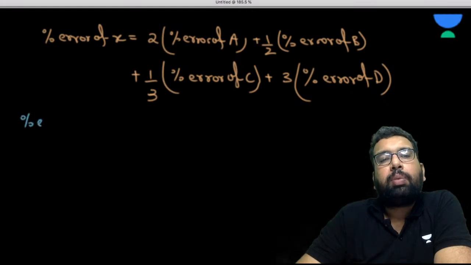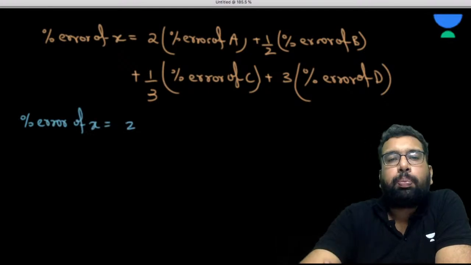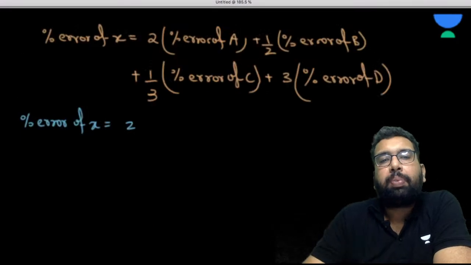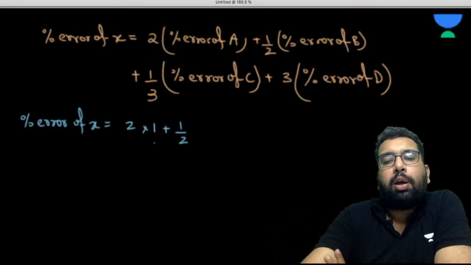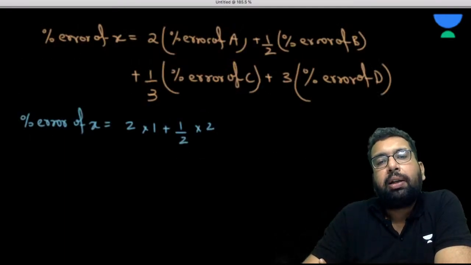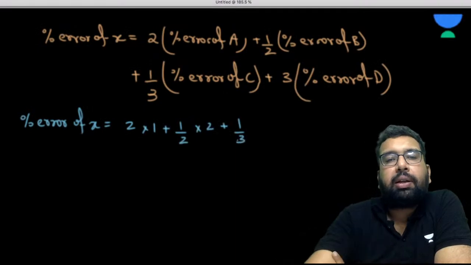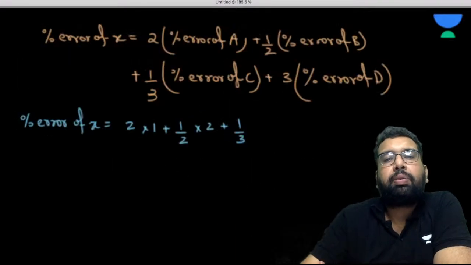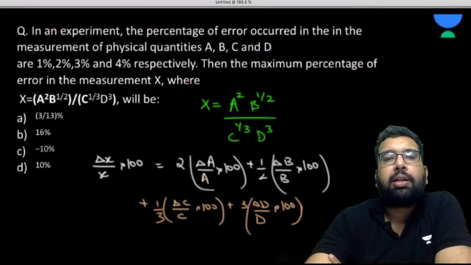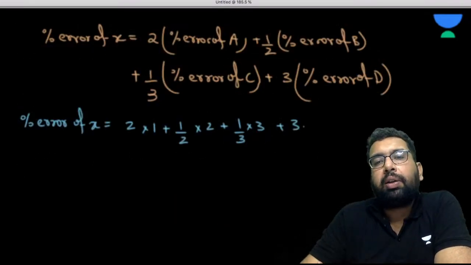So what is going to be the percentage error of X? It is 2 into percentage error of A. The percentage error of A is 1%, plus 1 by 2 percentage error of B, which is 2%. Then 1 by 3 percentage error of C, which is 3%, and 3 times percentage error of D, which is 4%.